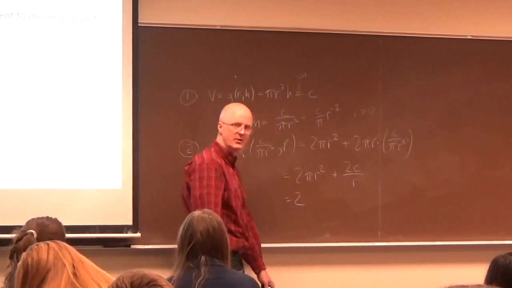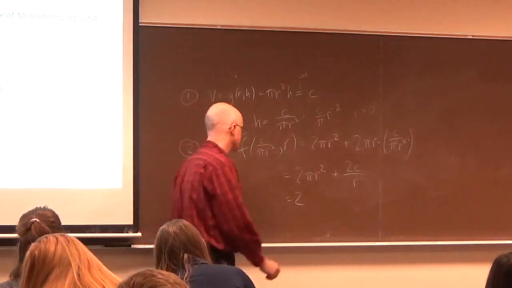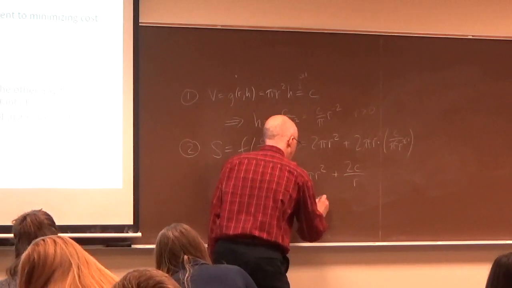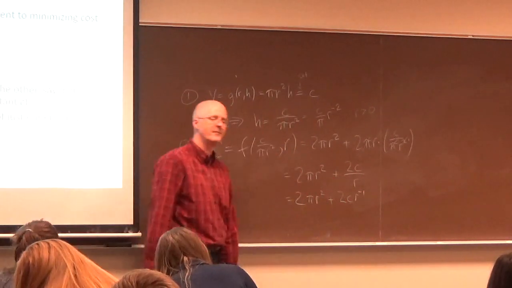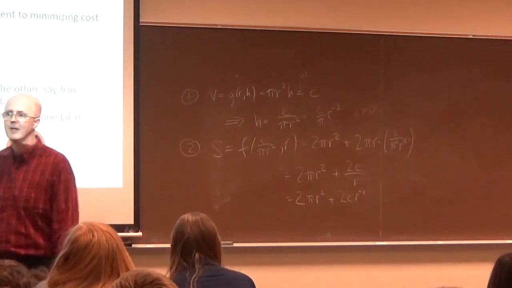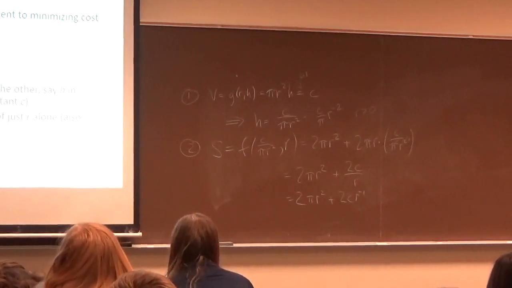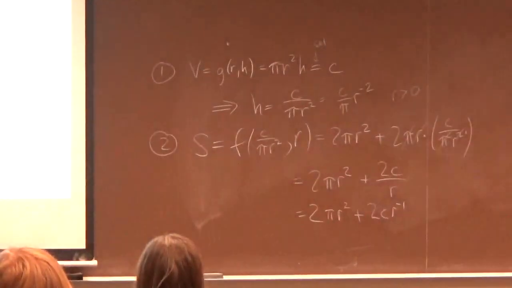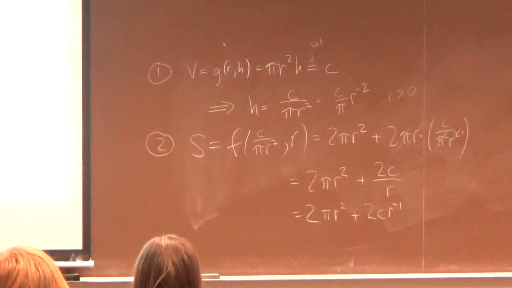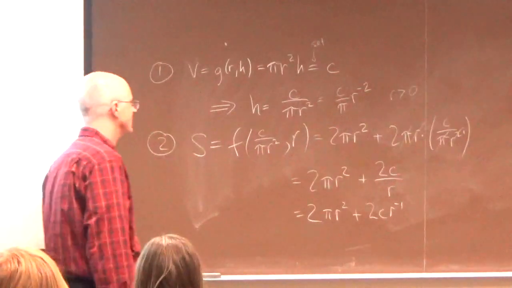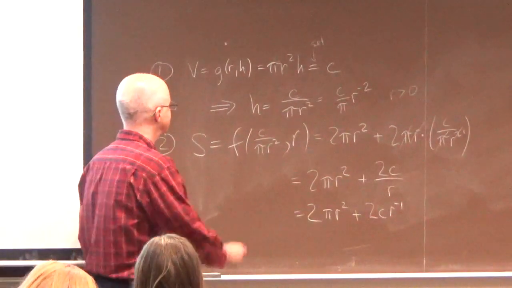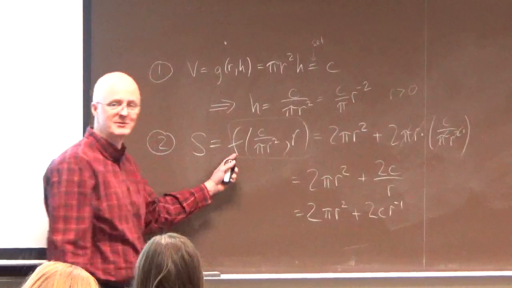Or for purposes of differentiation, if you prefer avoiding the quotient rule, 2 pi r squared plus 2c r to the negative 1. Now if c is a constant, which I'm pretending it is, that's a function of r.